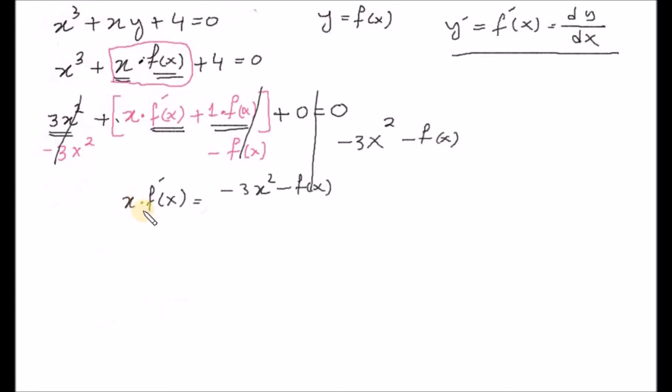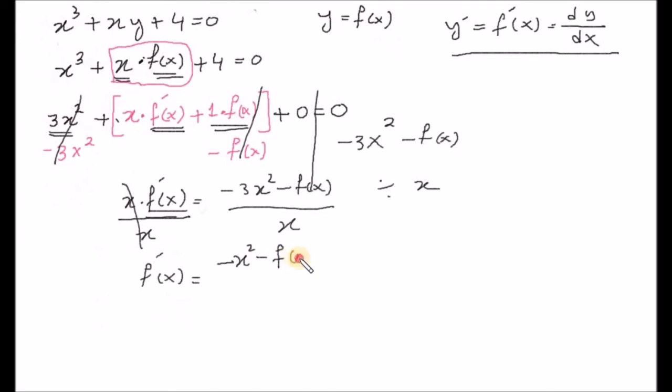Now, I don't want x times f prime of x. I want f prime of x by itself, and x is multiplied. So I will divide both sides of the equation by x. I will divide here by x, and I'll divide here by x. These will cancel. I'm going to have f prime of x is equal to negative x squared minus f of x divided by x.